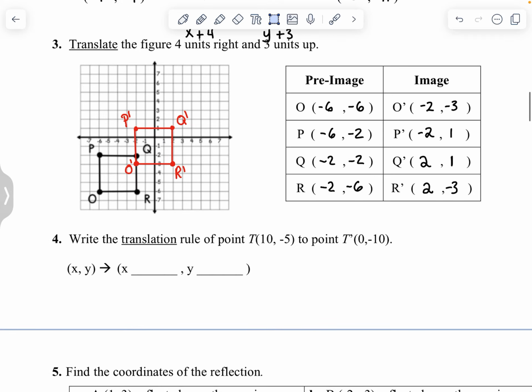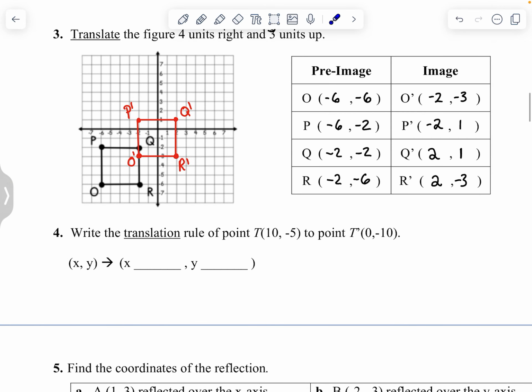Write the translation rule. This one is tricky. Write the translation rule of point T to point T prime. And so what we have to do is check and see what happened. 10 changes to 0, and -5 changes to -10.